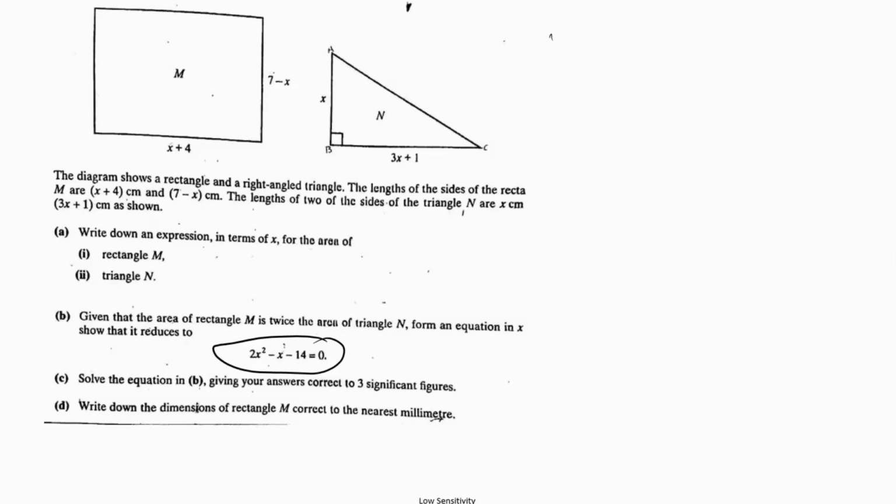Then question C says solve the equation in B, giving your answers correct to 3 significant figures. So we are given 2 things here. That's how we want to express our answer, but also we need to solve the equation in B, which is 2x squared minus x minus 14 equals 0.